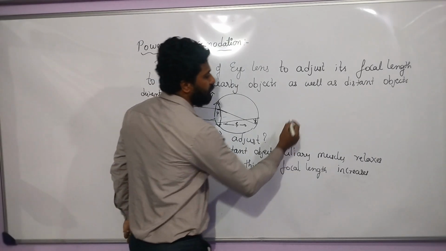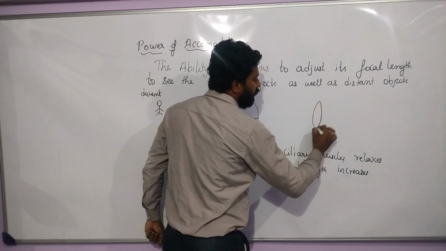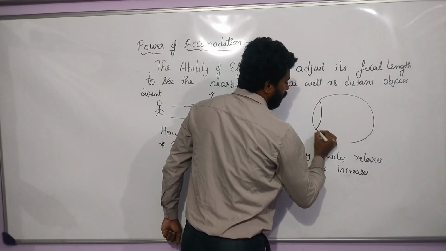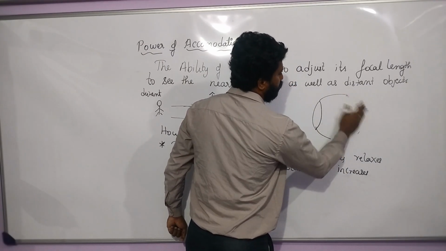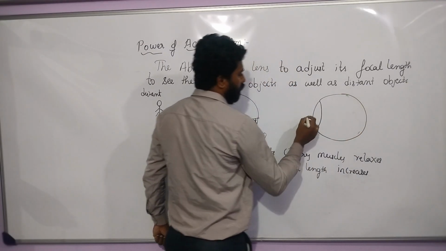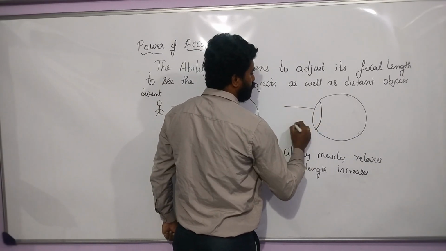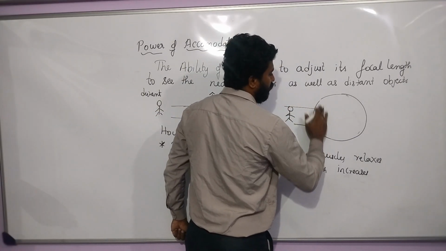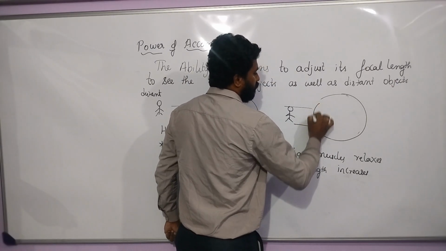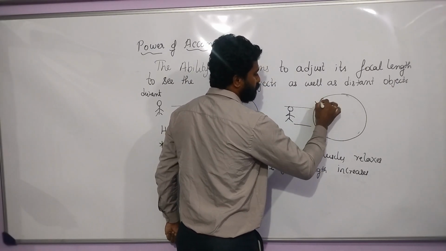At the same time, suppose your eye is seeing a nearby object. What happens to see the nearby object?